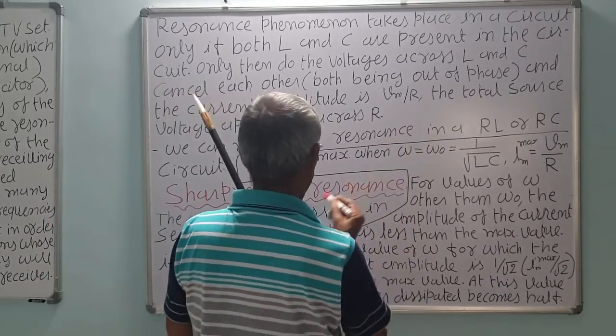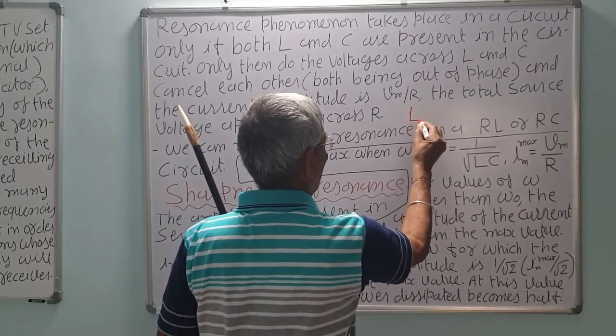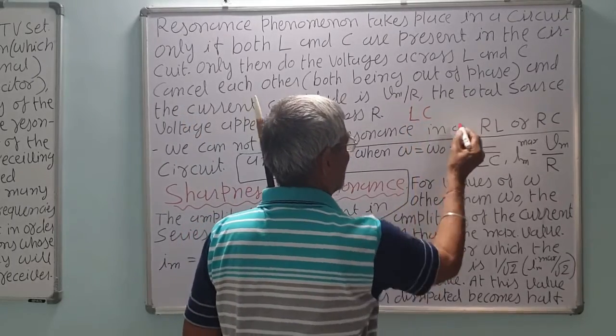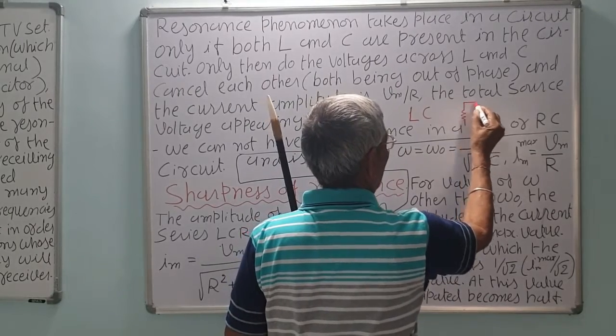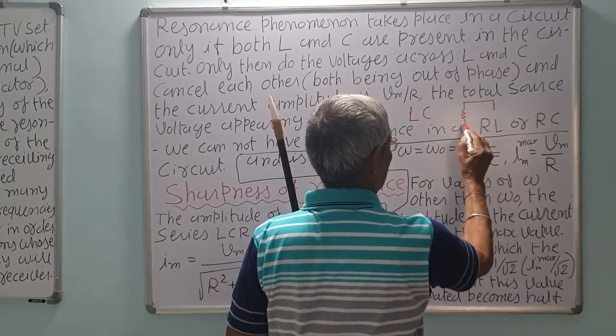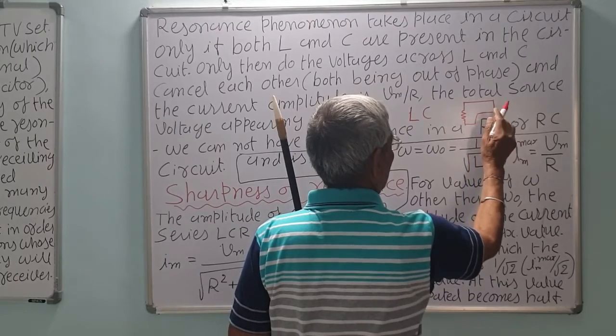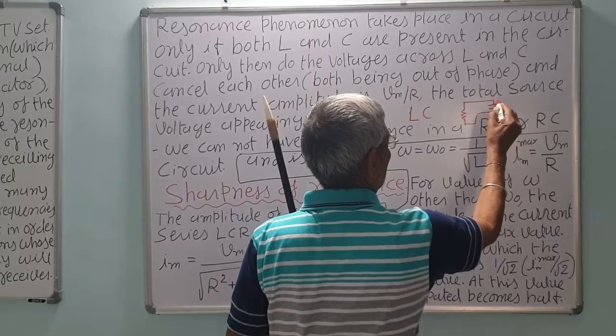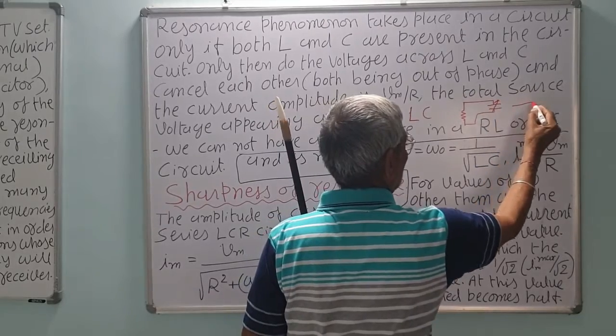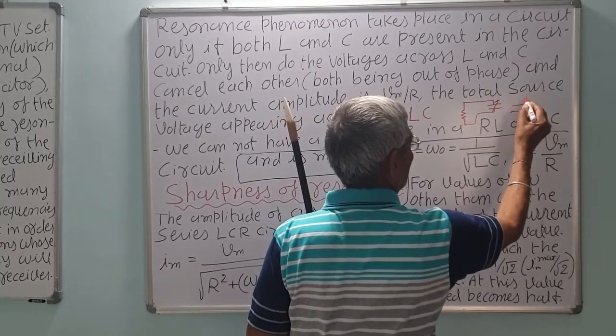It should be an LC circuit. Correct? So there should be an inductor and a capacitor, and the capacitor should be a variable capacitor. This is the symbol for the variable capacitor.